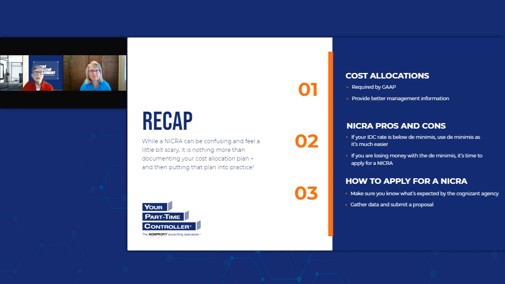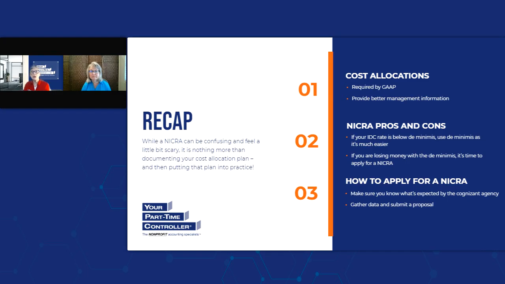Okay, well, I know many people feel a NICRA can be confusing and a little bit scary. It's nothing more than documenting your cost allocation plan and then putting that plan into practice. Whatever you propose and gets approved has to be used. So we talked about cost allocations. They're required by GAAP, the IRS, and for better business management.